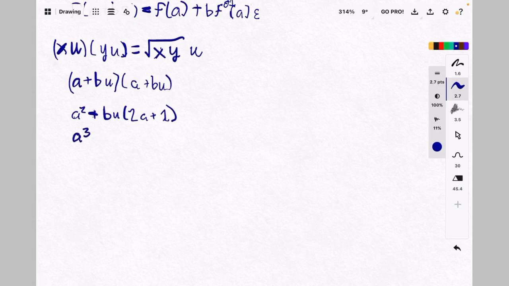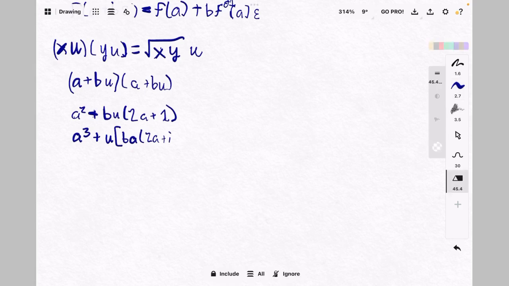Next, we will do the cube. Now here's where things get a little interesting. So we have 2a plus 1, and then another a, so u, ba(2a plus 1).